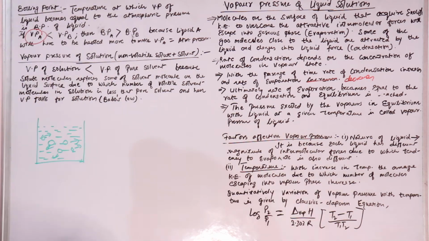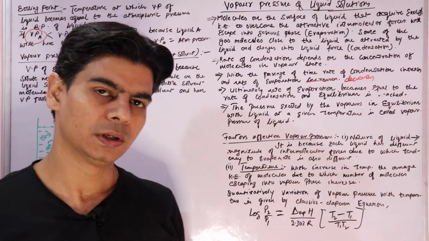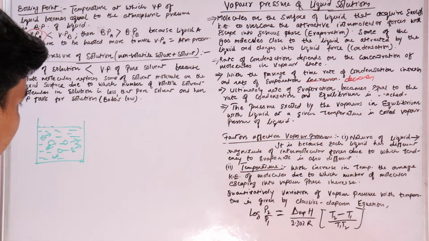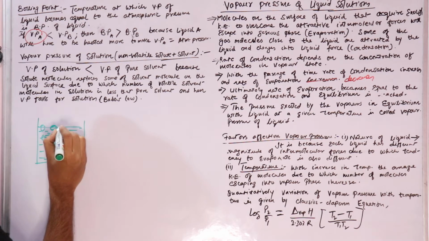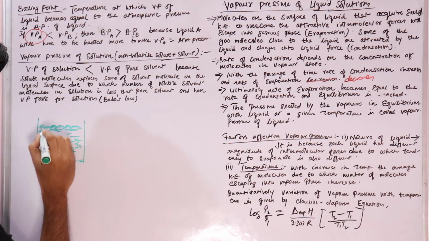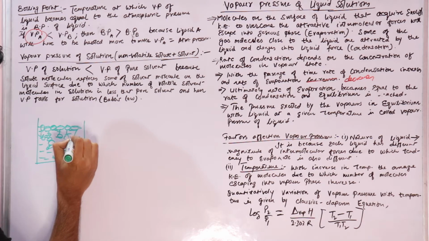Let's now talk about the molecules that are at the surface of the liquid. The molecules that are at the surface would be attracted by the molecules that are below them.